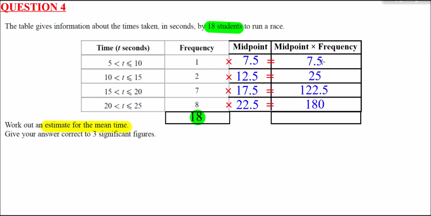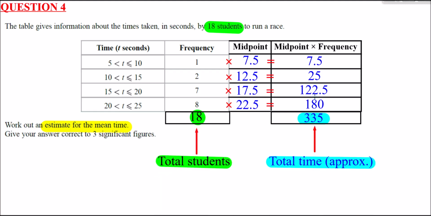We next total up all of these midpoint times frequencies and put the value here. So 7.5 plus 25 plus 122.5 plus 180, that gives us 335. So 18 is the total students, 335 is the total time approximately, it's not exactly, because we've estimated it by using these midpoints.